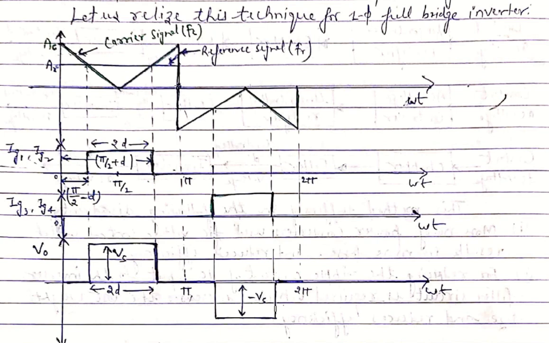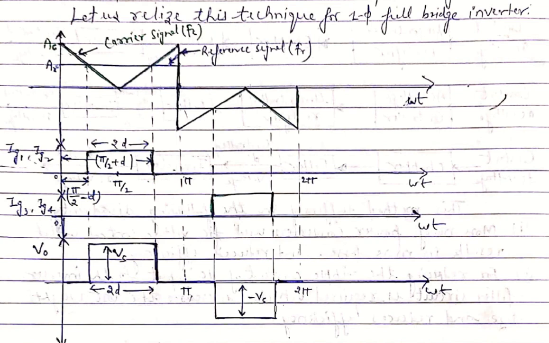If the carrier signal amplitude Ac is higher than Ar, the reference signal amplitude, then the pulses for the thyristor switches T1 and T2 are applied. At the same time, if Ac is less than Ar, then pulses for the thyristor switches T3 and T4 are applied. So Ig1, Ig2 are the gate pulses for the two thyristor switches T1 and T2, and Ig3, Ig4 are the gate pulses for thyristors T3 and T4.